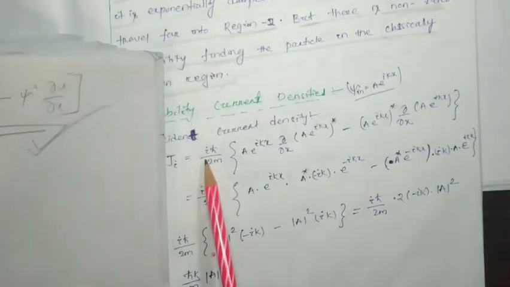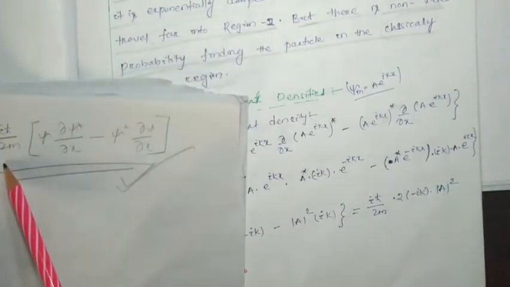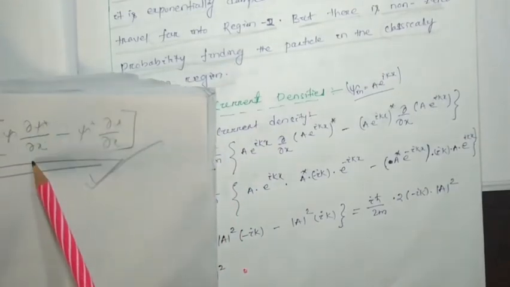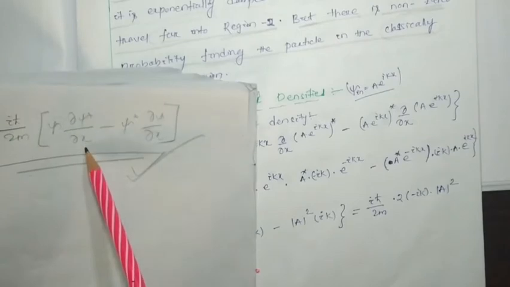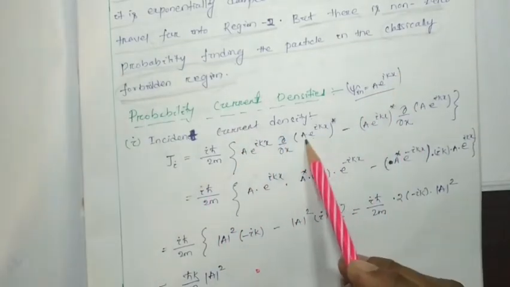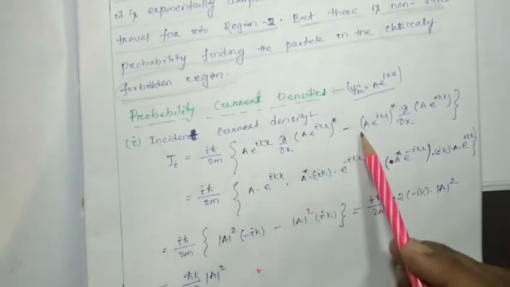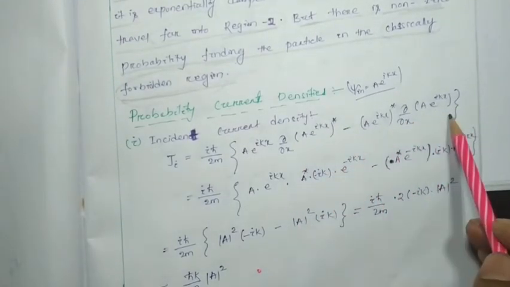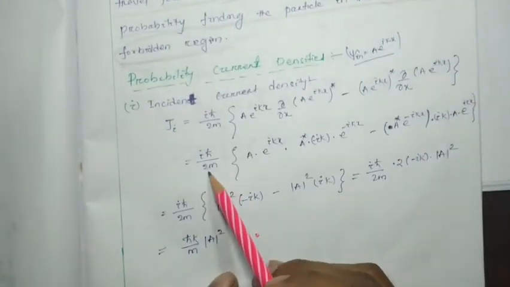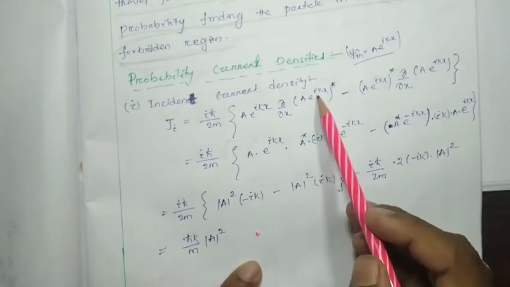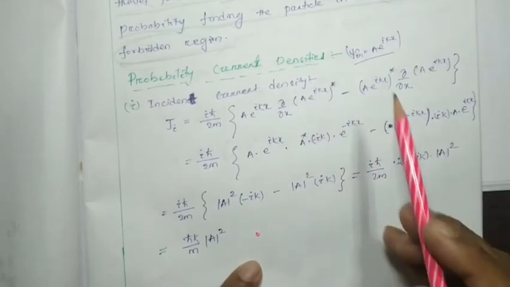So i h cross by 2m, psi del psi star by del x, where psi is a e to the i kx, times del by del x of (a e to the i kx) star, minus psi star del by del x of psi. I have written it directly. So i h cross by 2m, a e to the i kx into a star, the derivative of this one.